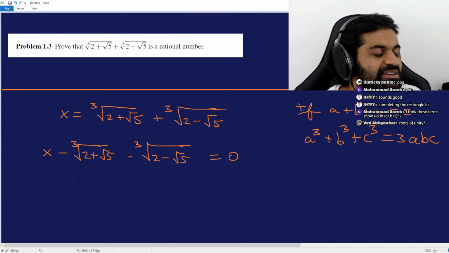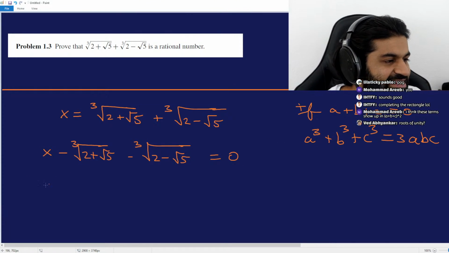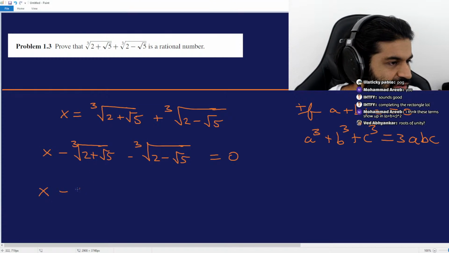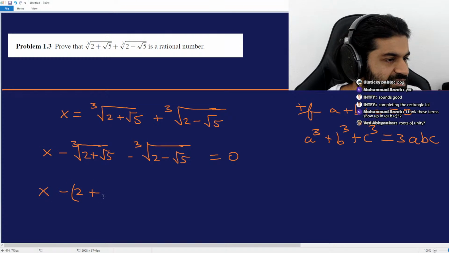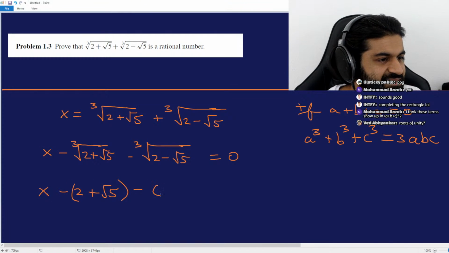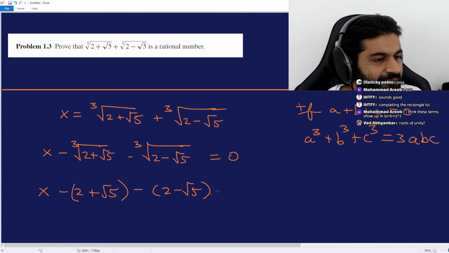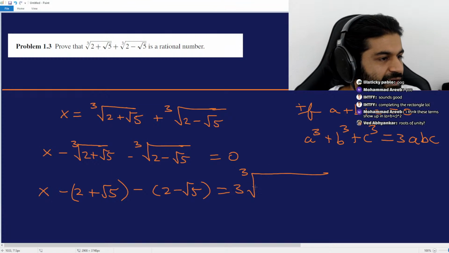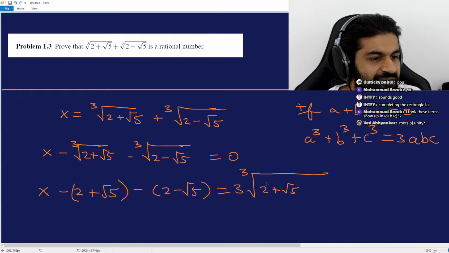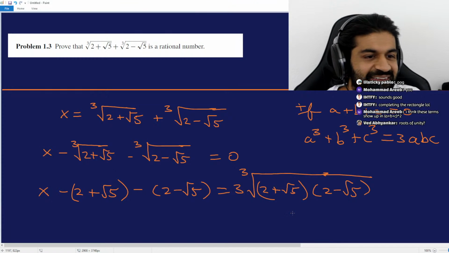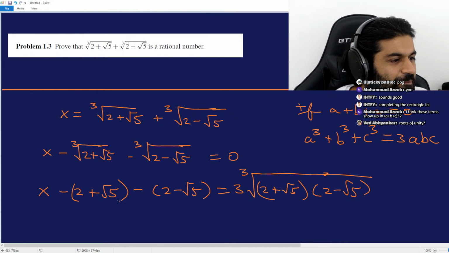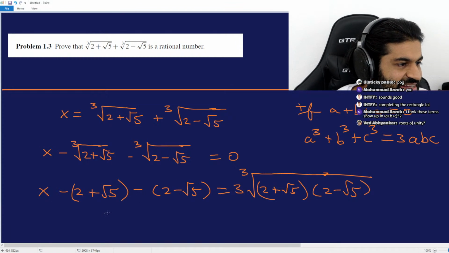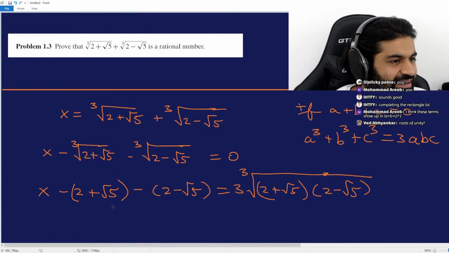So let's use that now. What this is telling me is that x minus the cube root of 2 plus root 5, minus the cube root of 2 minus root 5, is equal to essentially 3 times the cube root of 2 plus root 5 times 2 minus root 5. This is good news, the root 5s are going to cancel.